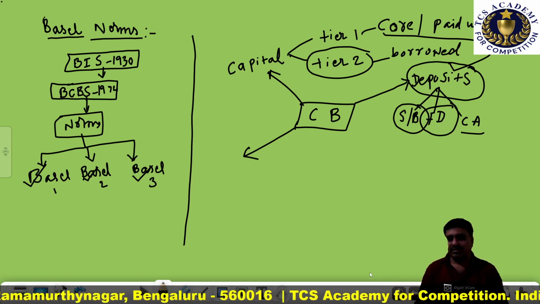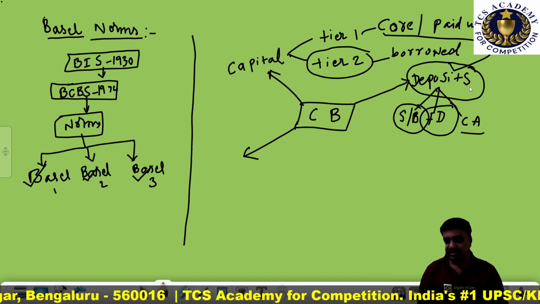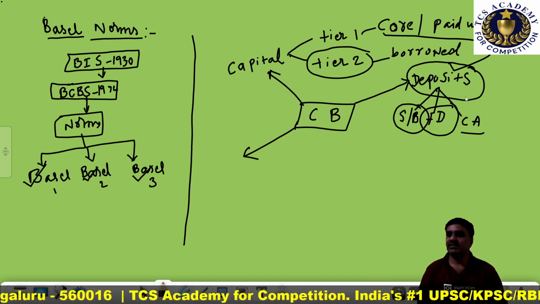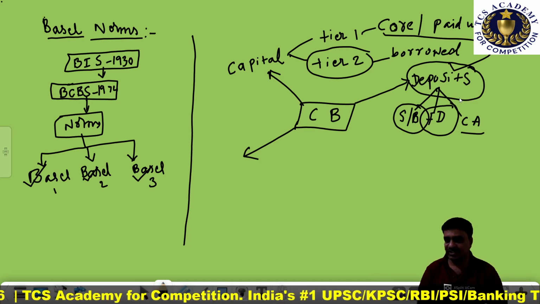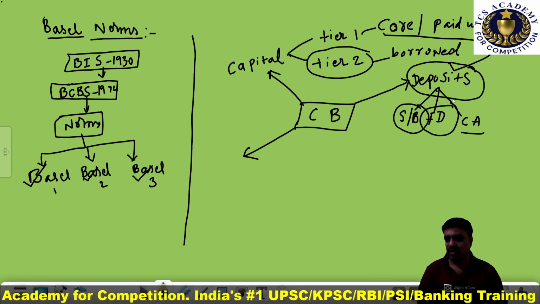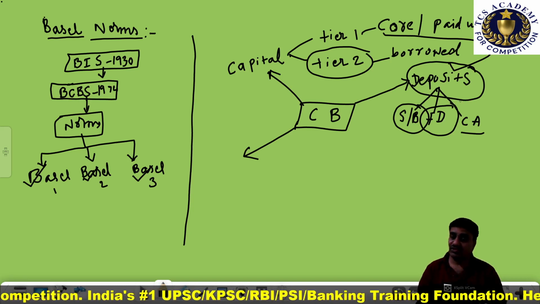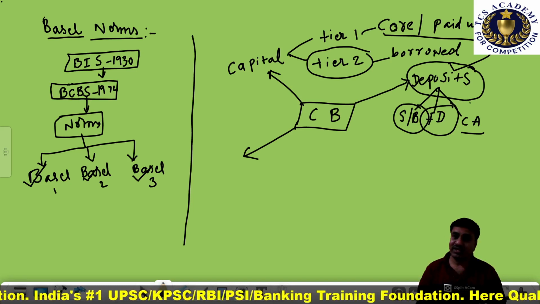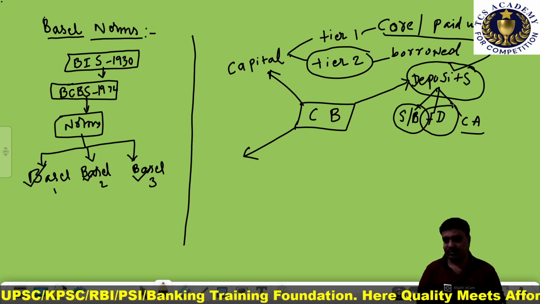So with this borrowed capital, it is an obligation of the banker to repay the money which has been raised by issuing the bonds. Even the deposits come under the liability of the bank.